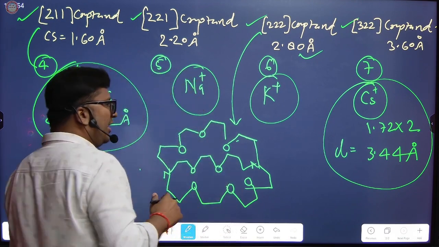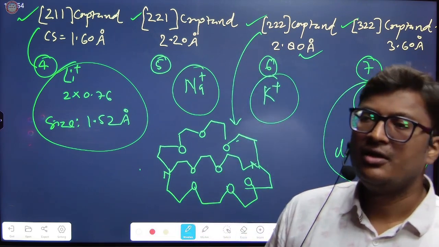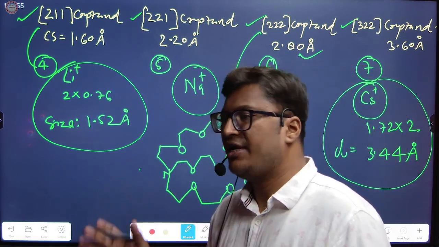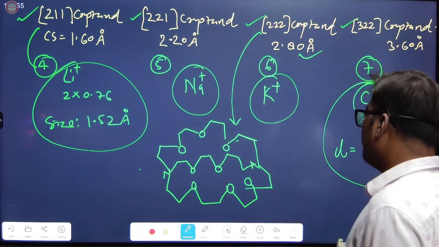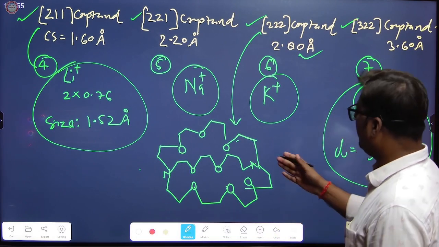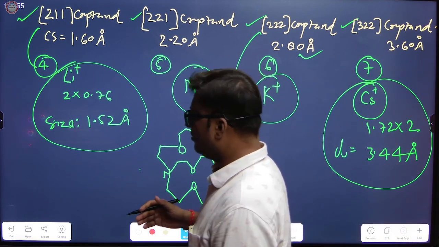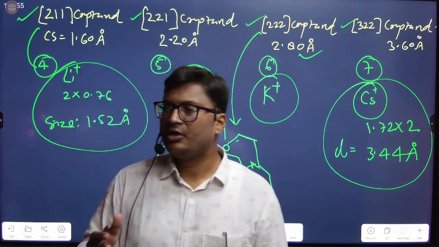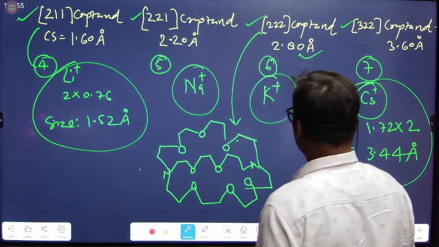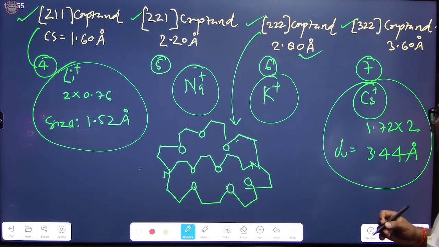So the cryptand completely wraps around the metal cation and protects it completely, right? So this is the way you can differentiate the complexation tendency of the cryptand from that of the crown ethers. So this is the beauty of the cryptand actually, right?